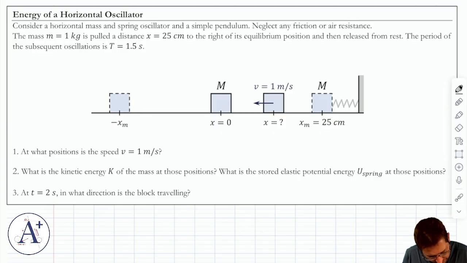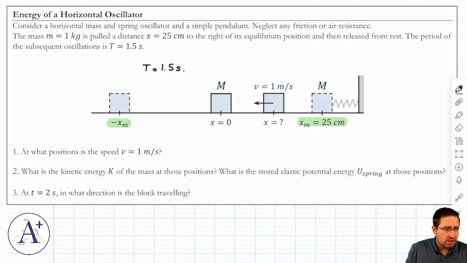Okay. So we have an oscillator with an equilibrium position here. It is going to oscillate back and forth between x sub m is 25 centimeters and minus x sub m. X sub m, or A, same thing. It's the amplitude. We know the mass, we know the period of oscillation. We're told that T is equal to 1.5 seconds, but we do not know, what do we not know? We do not know k.